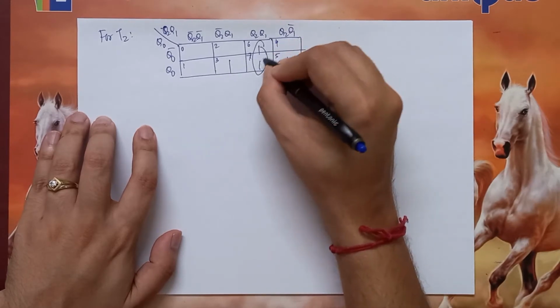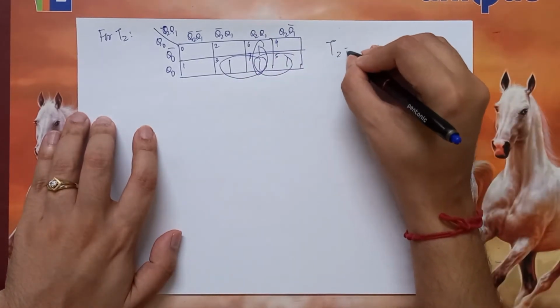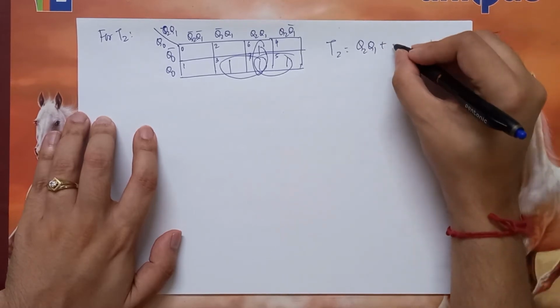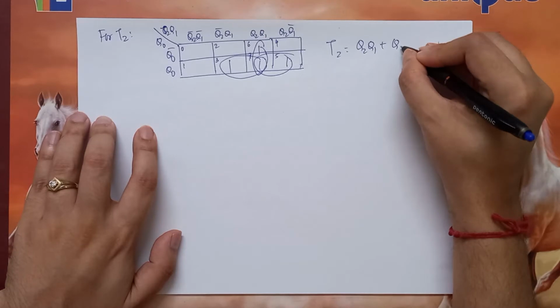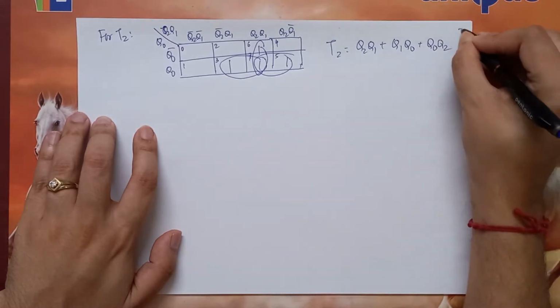So here it looks just like the carry of the full adder. So we get T2 is equal to Q2 Q1 plus Q1 Q0 plus Q0 Q2.